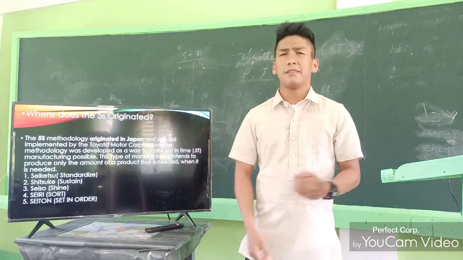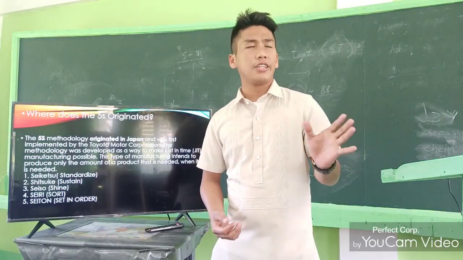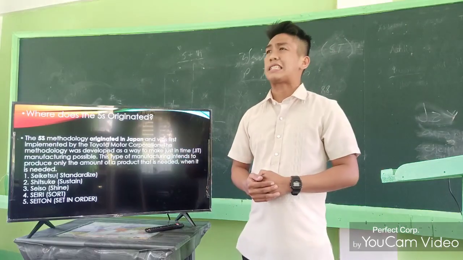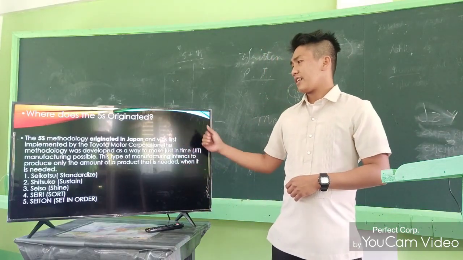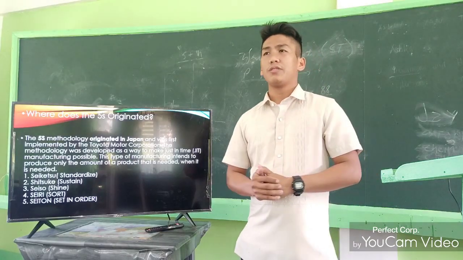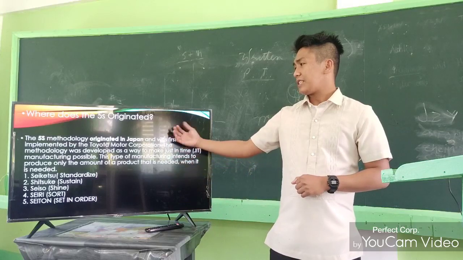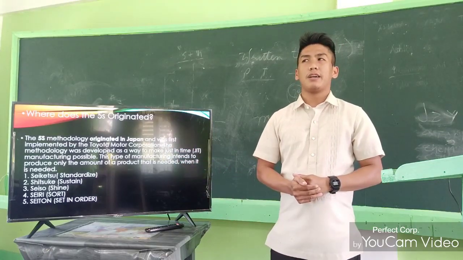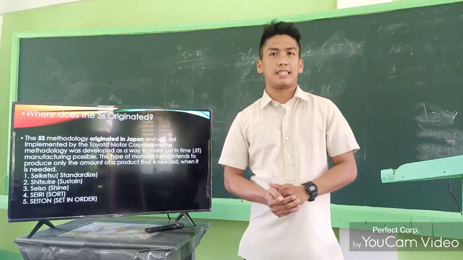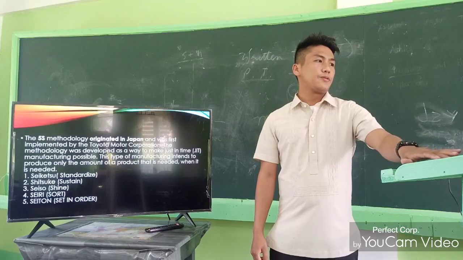Okay, this is very understandable, no? In 5S, when you are working in a standard company, they are implementing ISO, standard organization. So these 5S are very important in doing their job and daily work activities. Okay, so let's proceed.